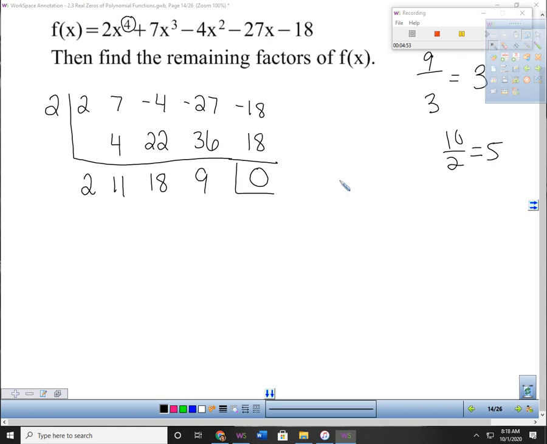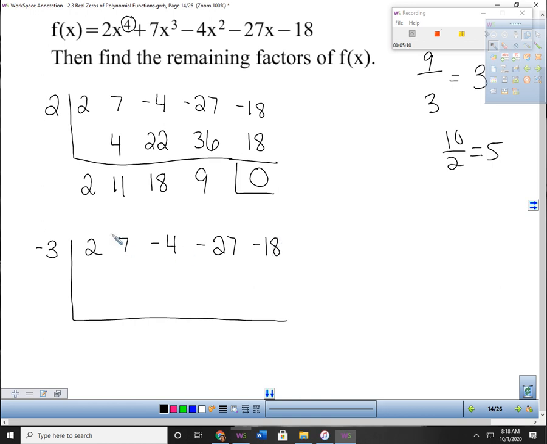If I want to do that synthetically, though, I would set the x plus 3 equal to 0, which would give me a -3. And then we do the same process. So I've got the 2, the 7, negative 4, negative 27, and negative 18.